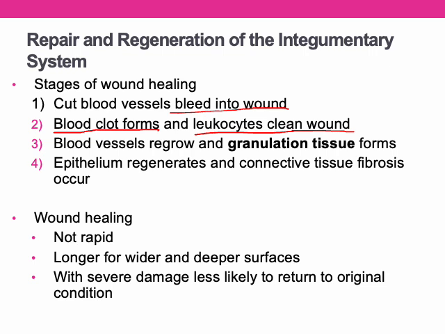Next is going to be the regeneration or regrowing of the blood vessels, as well as granulation tissue being formed. So basically, new tissue is being formed and added. Once the deep part of the cut has been healed, now the epithelium is going to regenerate and connective tissue is going to also regenerate, causing fibrosis.